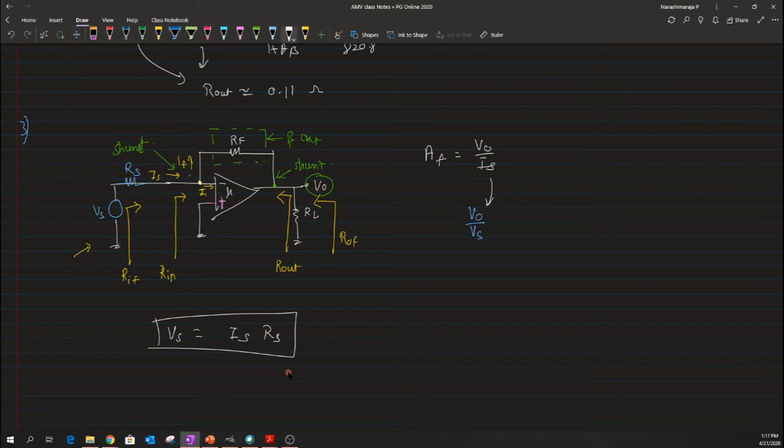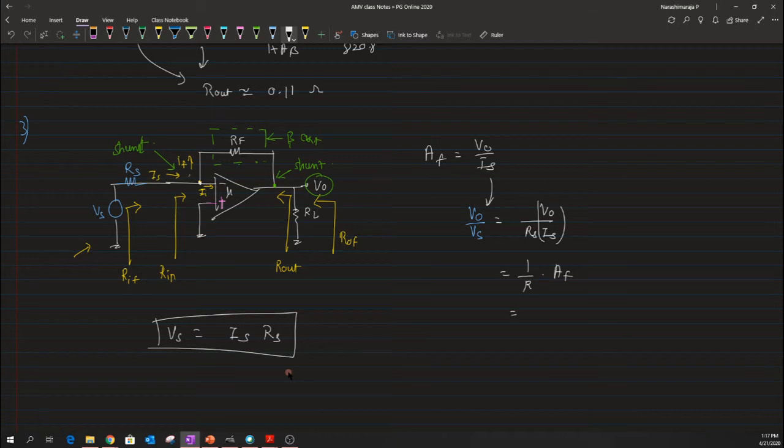Okay, so in order to get this out of this expression, let us use this simple rule of converting: Vs can be written as Rs into Is, and we take V naught at the top. We know that this expression is nothing but our AF.